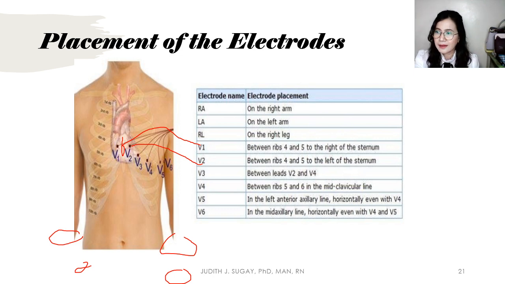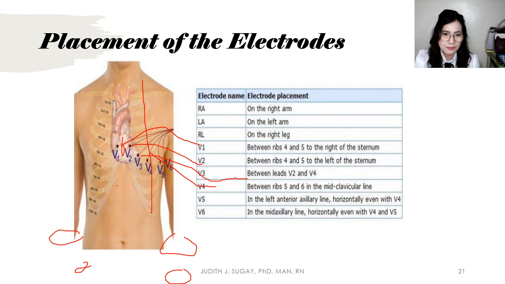V3 is between V2 and V4. V4 is between the fifth and sixth ribs in the mid-clavicular line. So there you go.